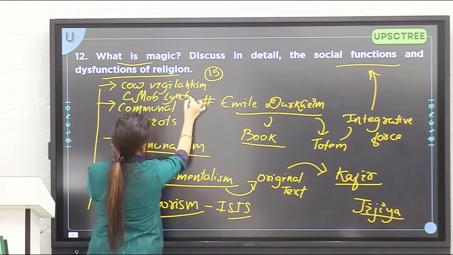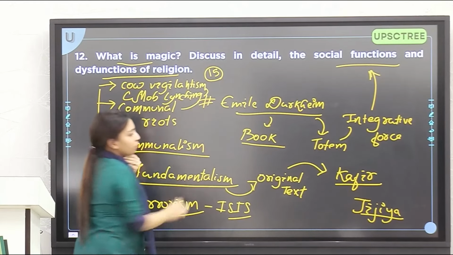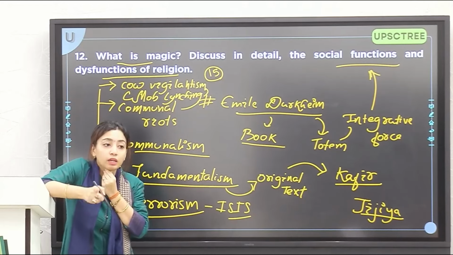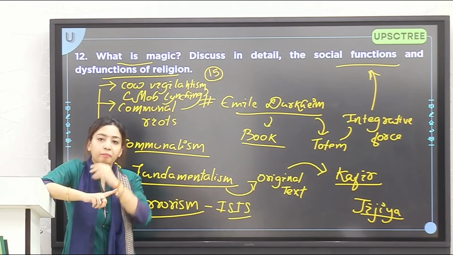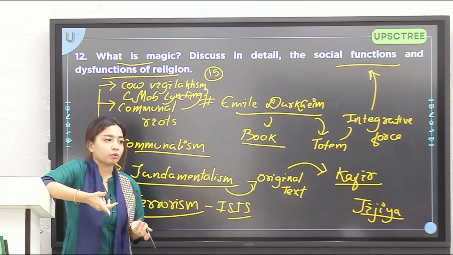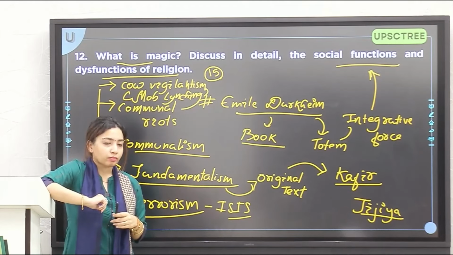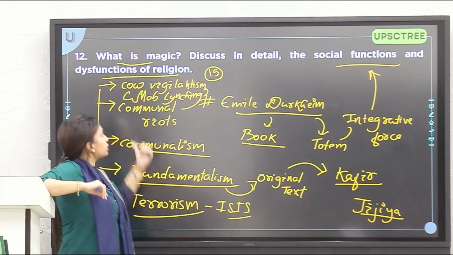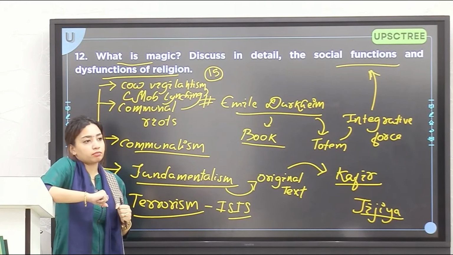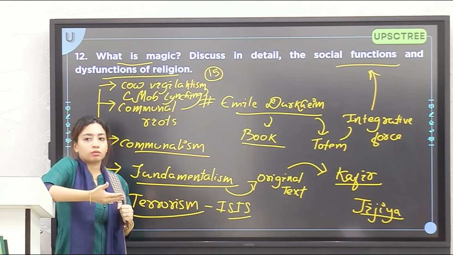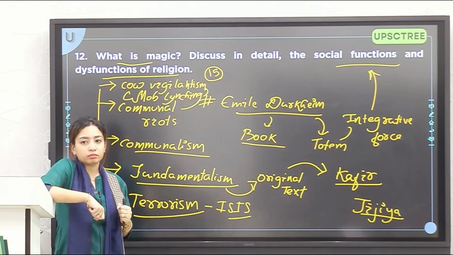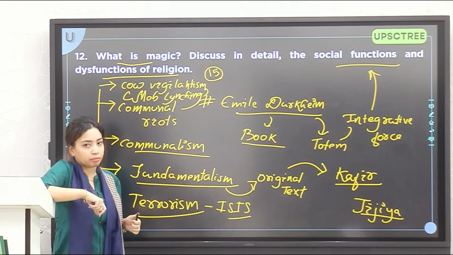Do you know what mob lynching is? Where there is violence and people are murdered and there is no single murderer, because the entire mob is involved in that. This is also due to instigated religious sentiments. They are spreading fake news. So this is also on the lines of communal hatred. So you can give multiple examples.